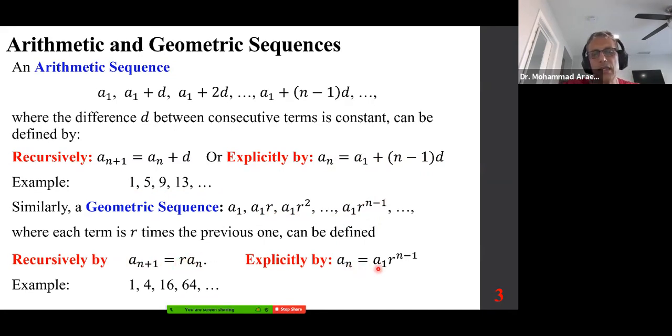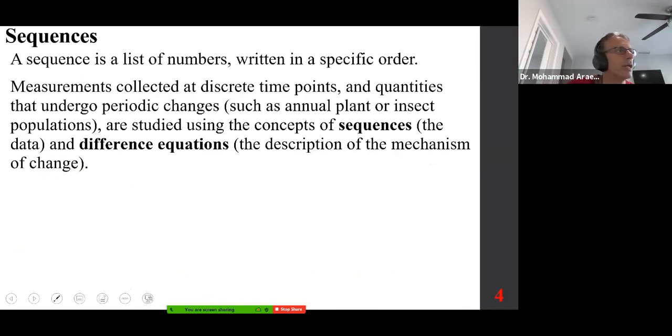Explicitly, it is a sub 1 times r to the power of n minus 1. Example, 1 times 4, 4 times 4, 16 times 4, and so on. So this is a simple example of arithmetic and geometric sequences.